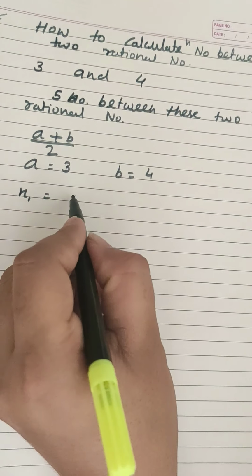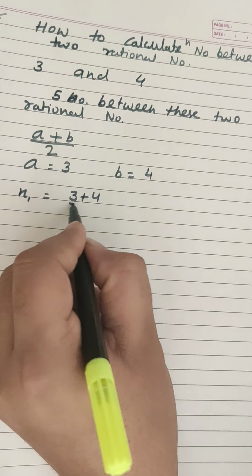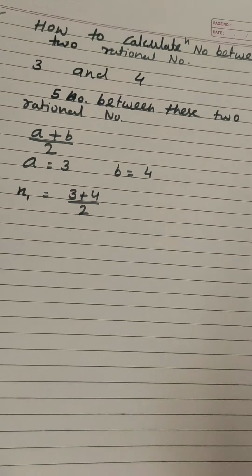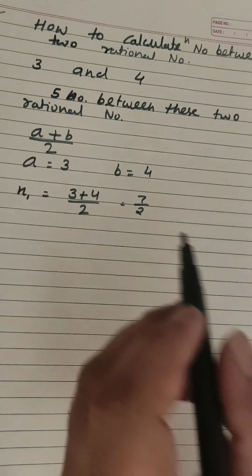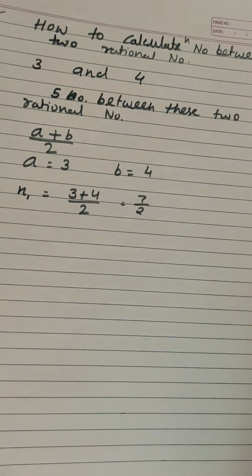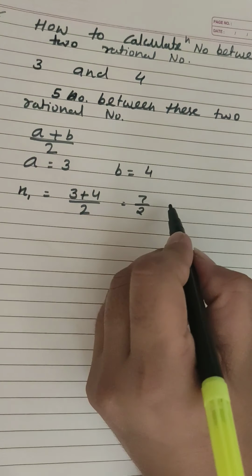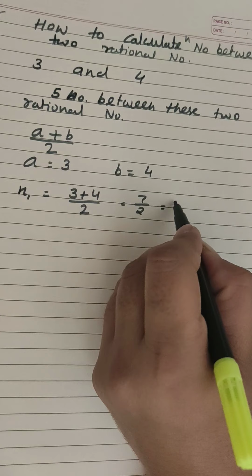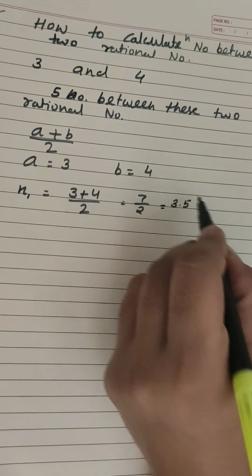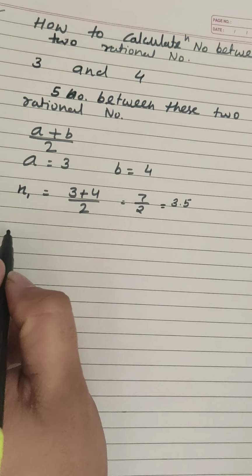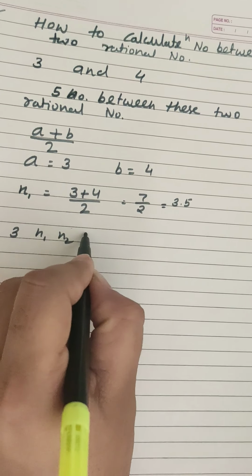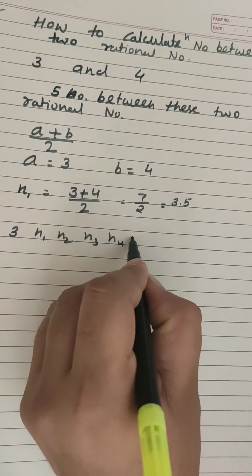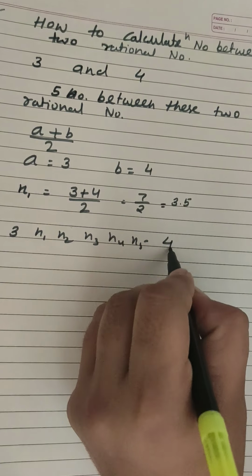So n1 is 3 plus 4 divided by 2, which is 7 divided by 2. Clear? So this is my first number, or you can say it would be 3.5.